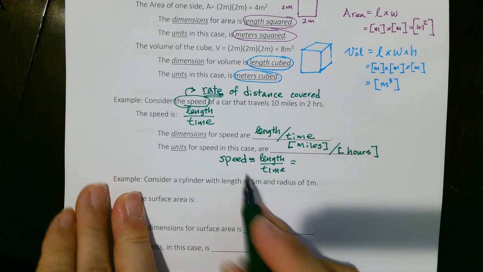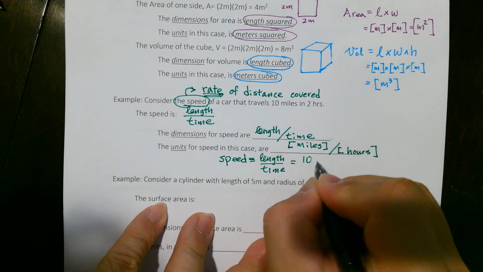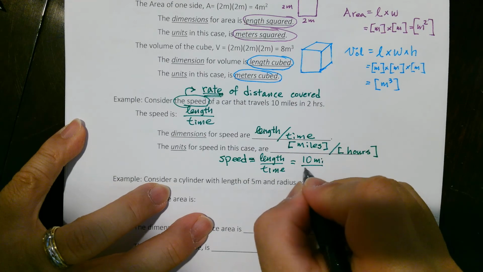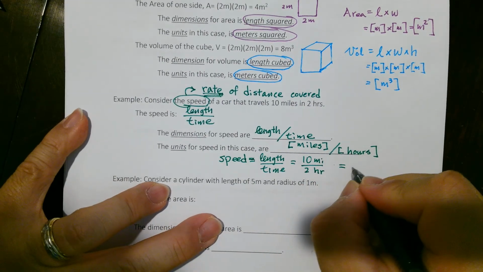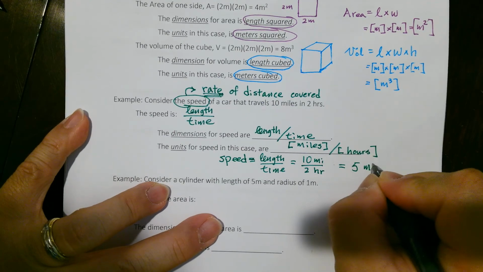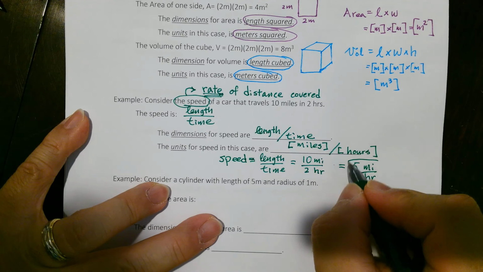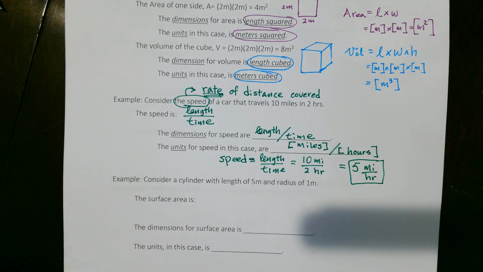It's a definition, a mathematical definition. So since the length is 10 miles and time is 2 hours, our speed comes out to 5 miles per hour. Okay?